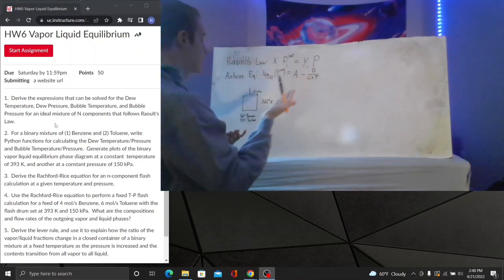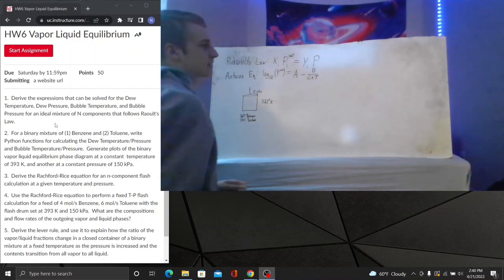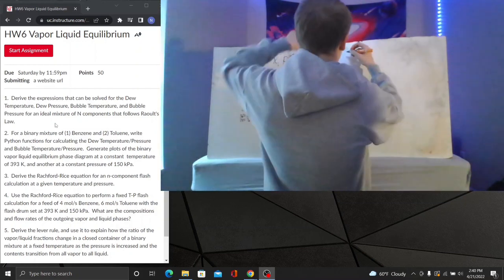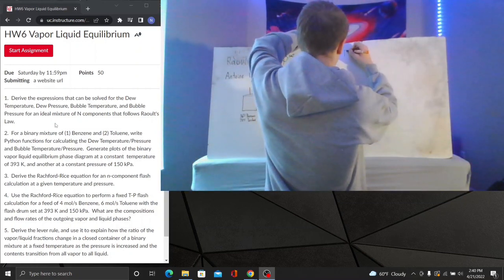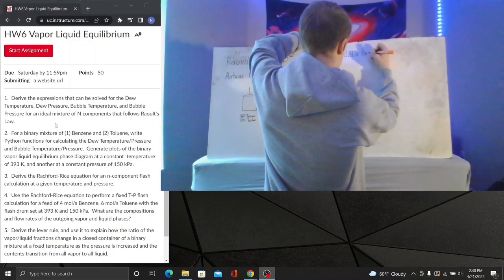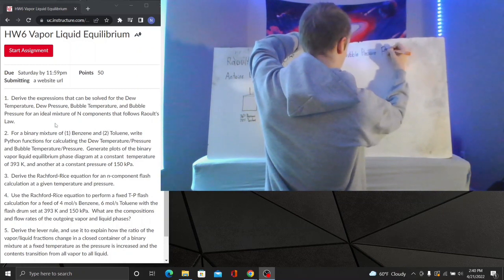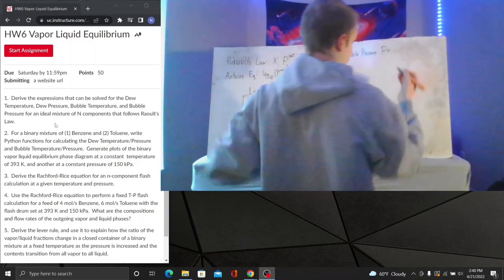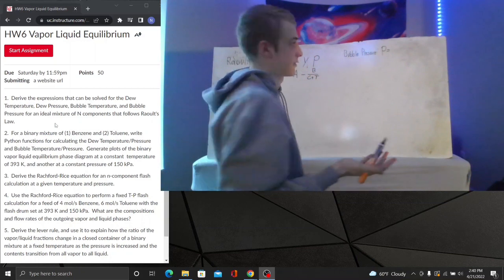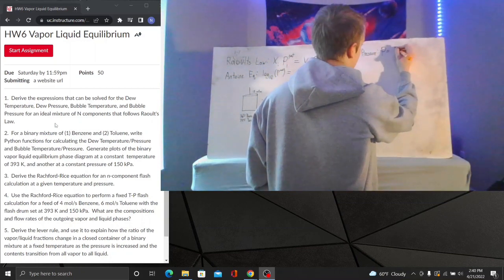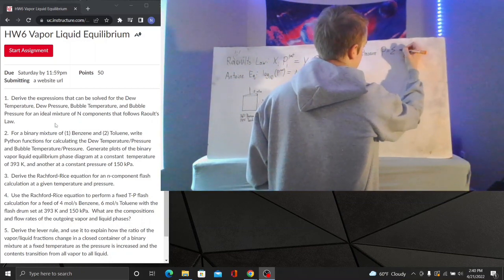So using that, we can get our equation for the bubble pressure. And it's just going to equal the sum of our partial pressures.